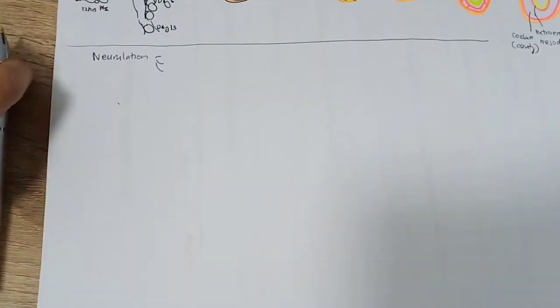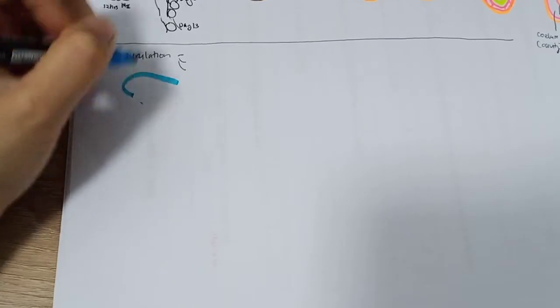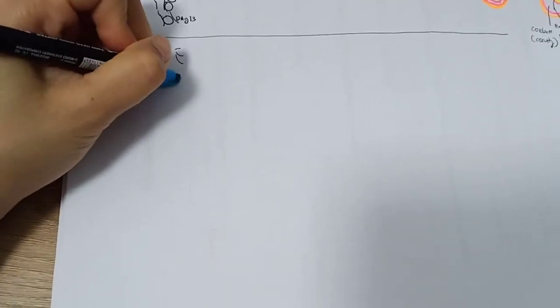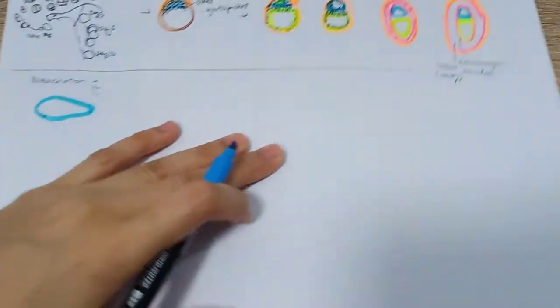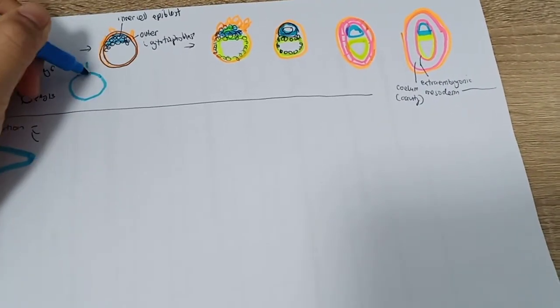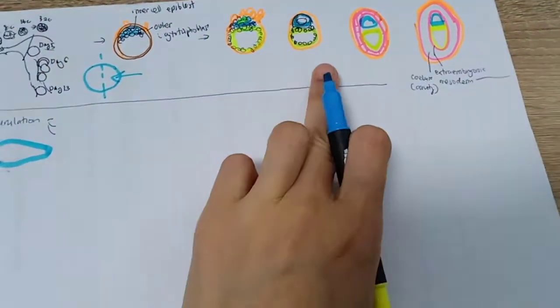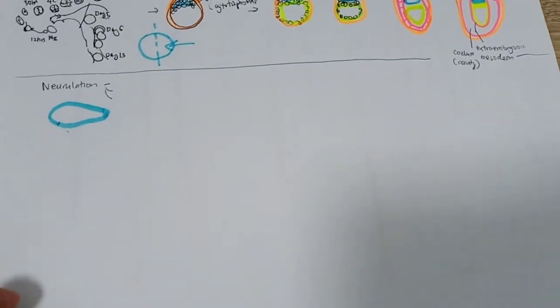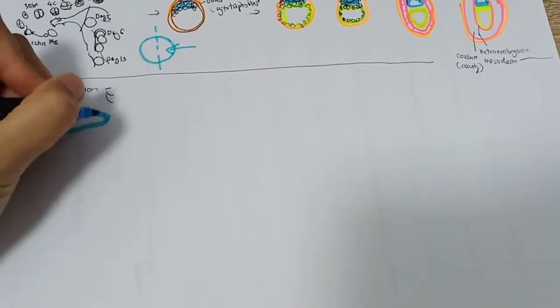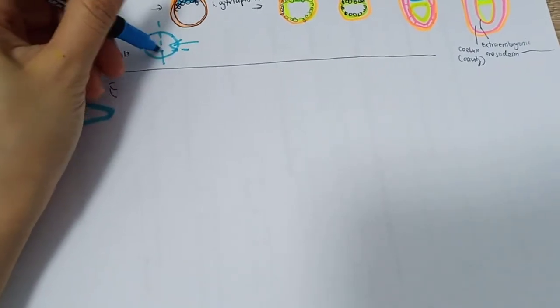This is the ectoderm from the side. We cut the embryo like this and we'll see the cross section from here, but this is actually a picture from the lateral view.